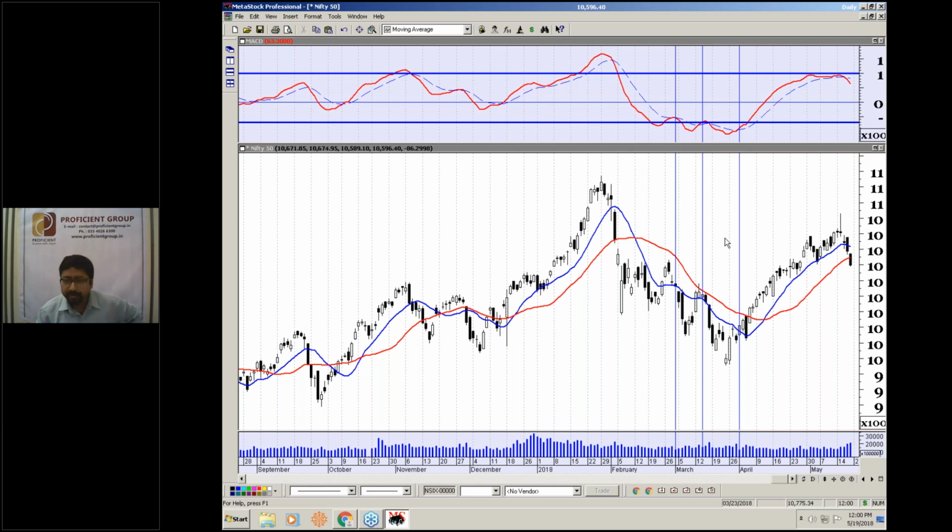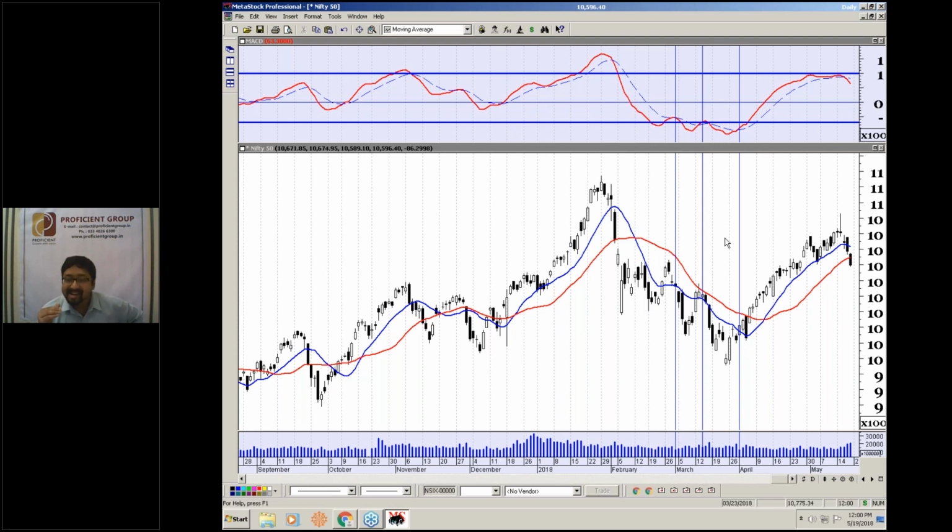The crossover of the MACD line and the signal line will give you the first idea that a trend reversal or an opportunity of a new trade is coming. But here again, I will suggest you to use a neutral region.